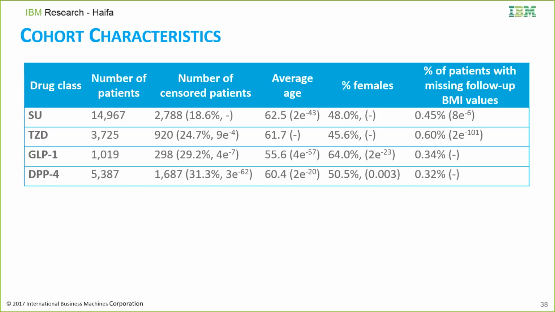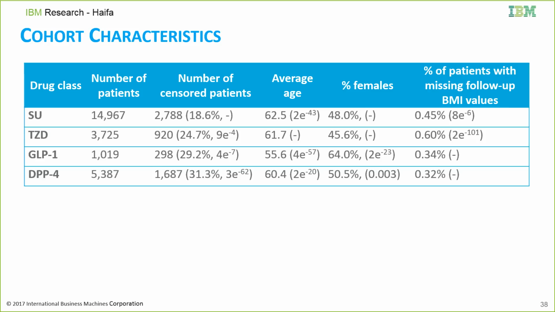And we looked at 4 different classes of second-line treatment for which we have enough patients in the data. So here we have the number of patients and some statistics on this population. Censored patients are ones that along the 1 year switch or stop taking the index drug.